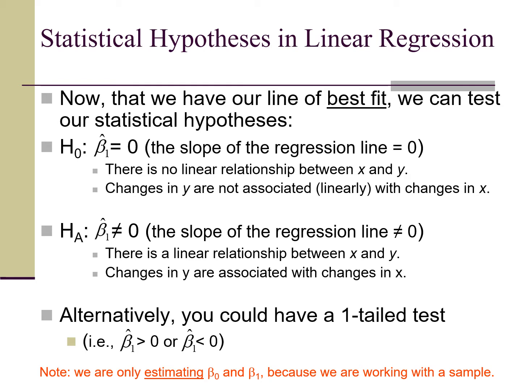The alternative hypothesis would be that the slope of the regression line is not equal to 0, that there is a linear relationship between x and y, and that the changes in y are associated with changes in x. Alternatively, you could have a one-tailed test. So you could test whether or not our slope is greater than 0 or less than 0. That is not used very often.